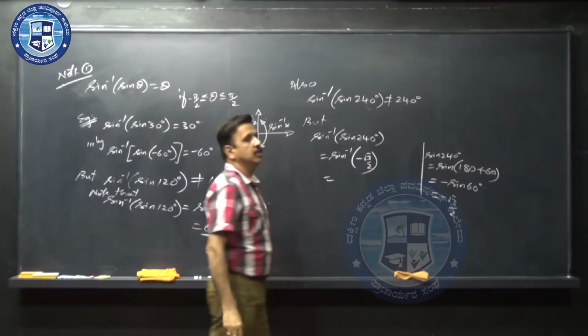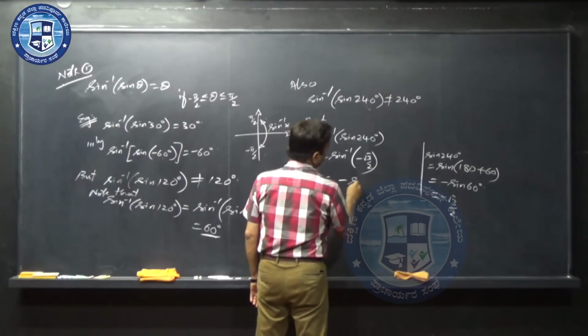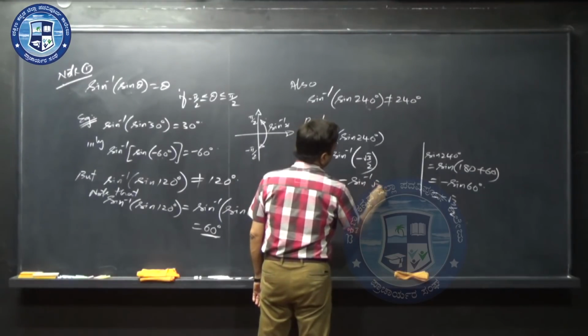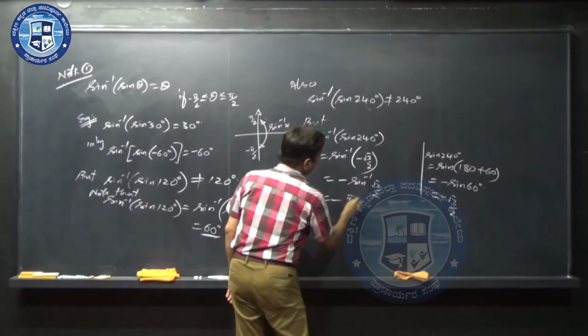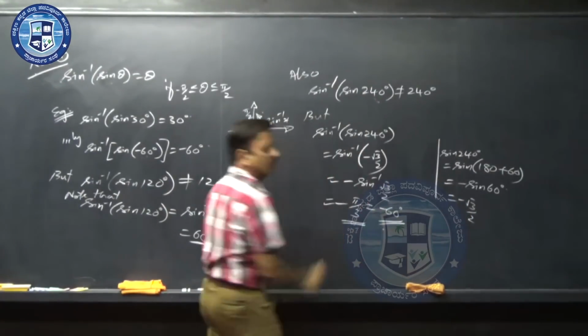Sine inverse of minus root 3 by 2, you know sine inverse of minus is minus, so minus sine inverse of root 3 by 2, that is equal to minus pi by 3, that is minus 60 degree is the answer. Look at that.